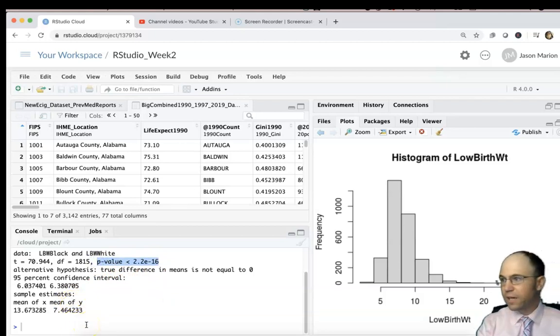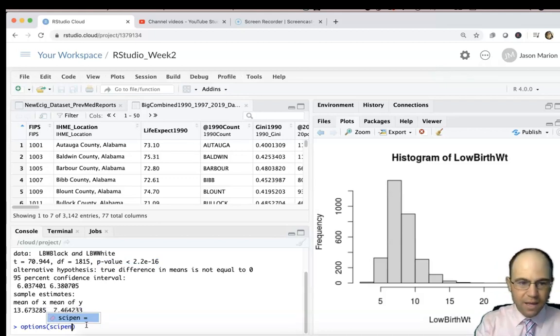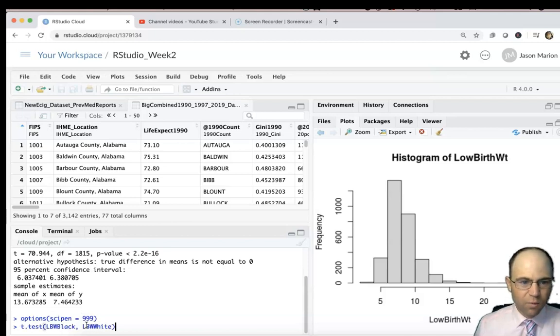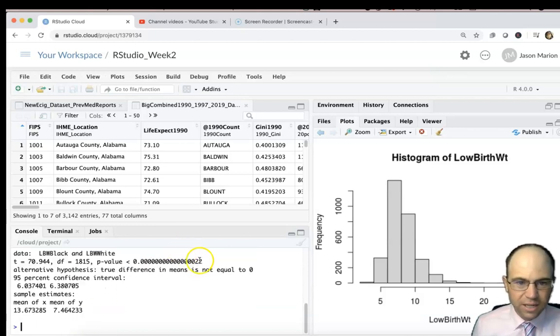If you want to see the digits, we can do options, parentheses, scipen equals, and I usually just do the 999, and then I can rerun this test, and you can see how small the p-value is. It's clearly less than 0.0001.